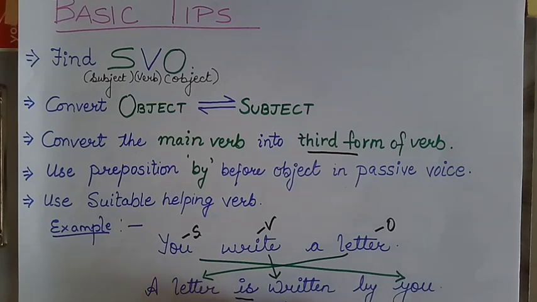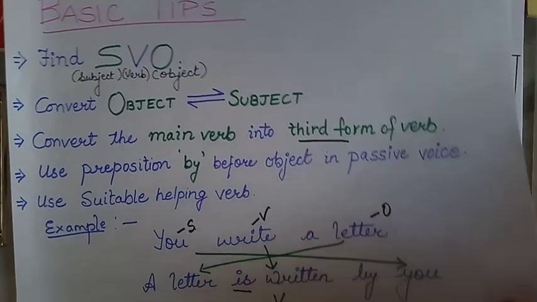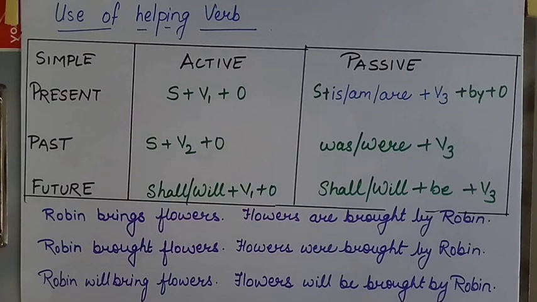Now the concern is how we will decide which helping verb should be there. For that I have written here in detail how to choose the correct helping verb for a particular sentence.